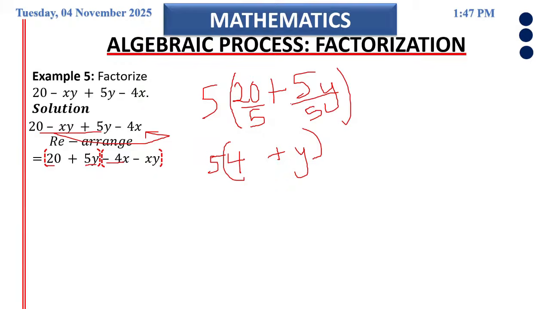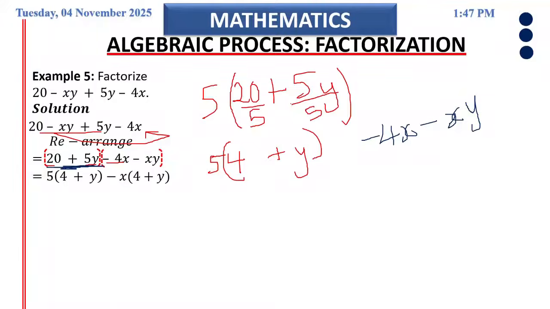So we simply use that to factorize the first part of this equation, which leads us to have this. If you check the second part, you have minus 4x minus xy.